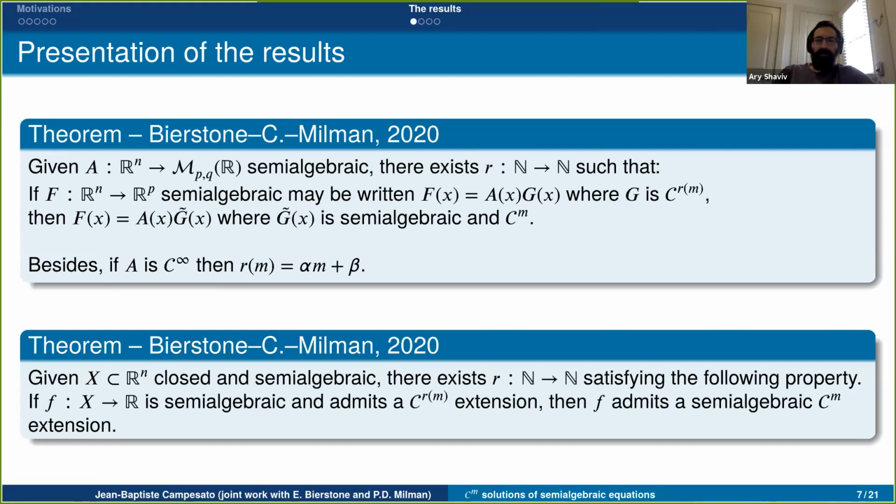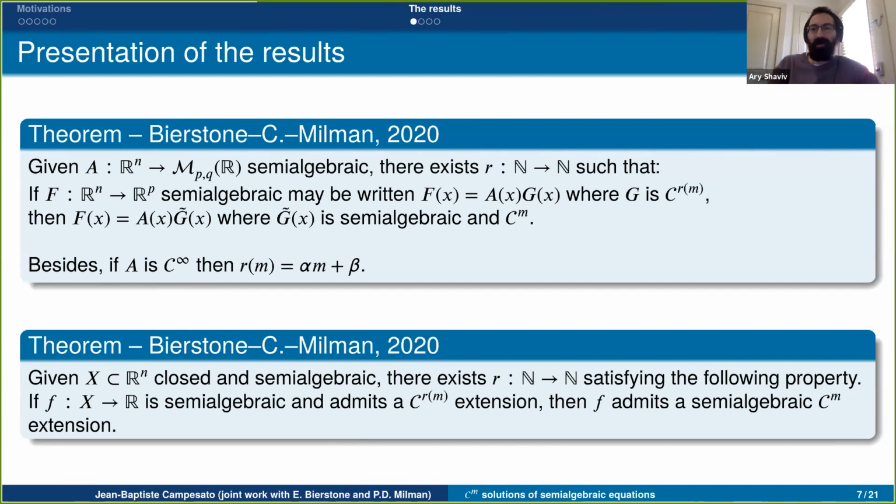Jean-Baptiste, can I ask a question before you proceed? Yes. This R is a function of X, right? So for any X, you get a different R. Yes. Can you say something about how bad this R can be? Like if A is terrible, then this R can be like a function that grows. Can you bound it somehow? I guess the conjecture is that in principle, R should be m, right? I will explain how we construct this R later.